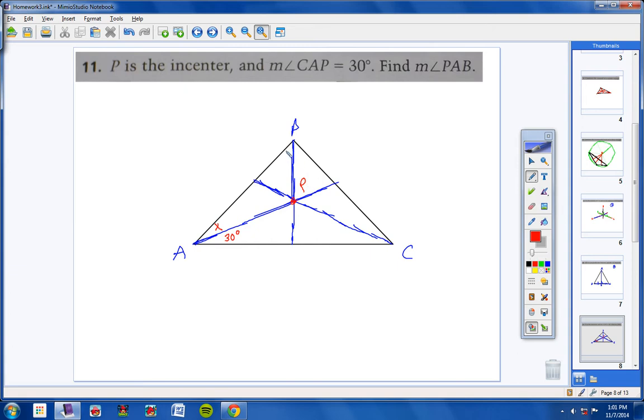So this angle here is congruent to this angle here. This angle here is congruent to this angle here. And this angle here is congruent to this angle over here. So if this is 30, then this angle here also has to be 30. Okay, so PAB would be 30. Okay? All right, moving on to number 12.